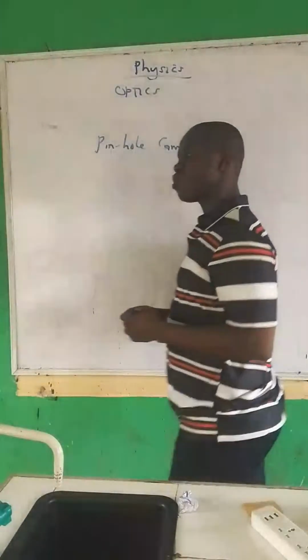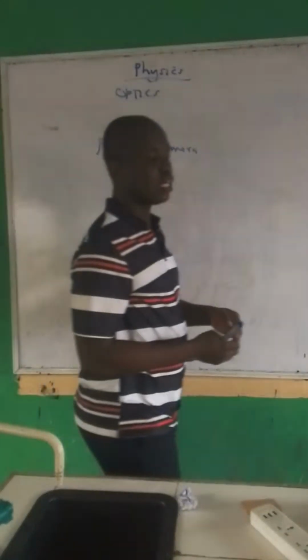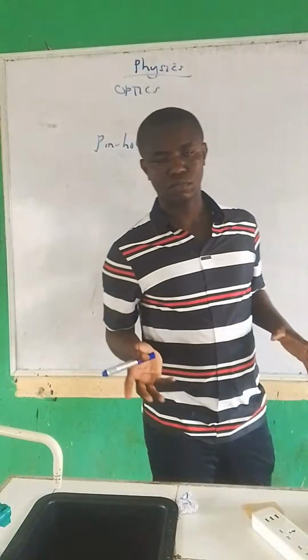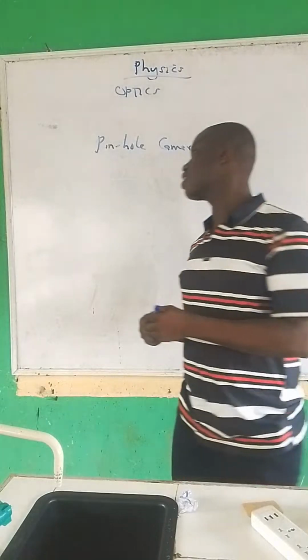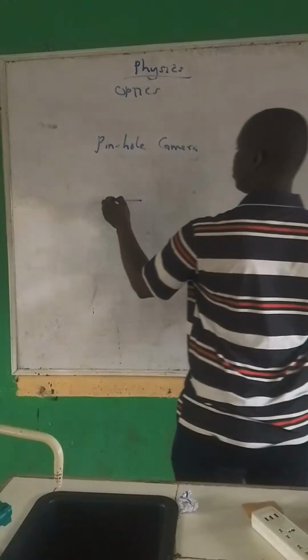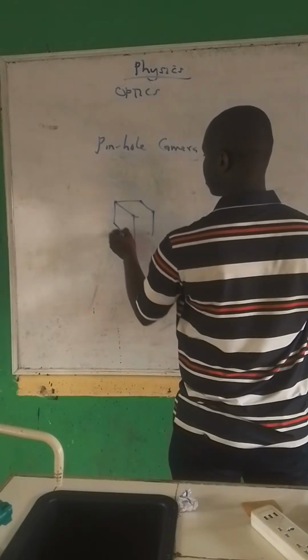The pinhole camera is a box. The internal section of the box is painted black, so that the inside is dark. The box is typically a cube.